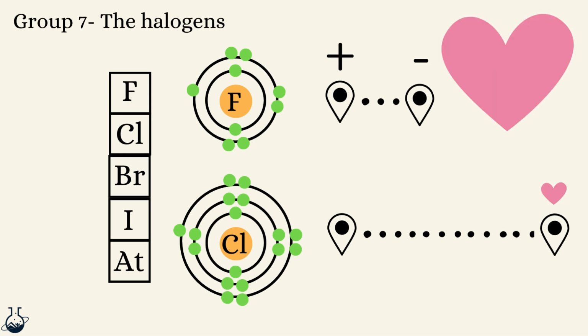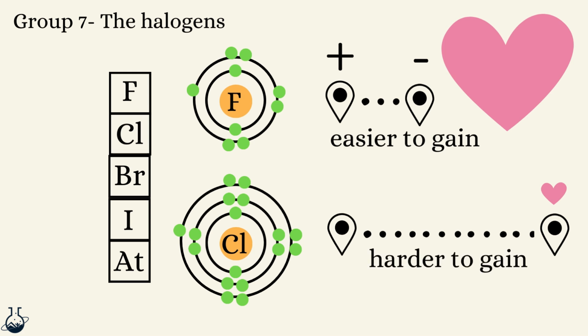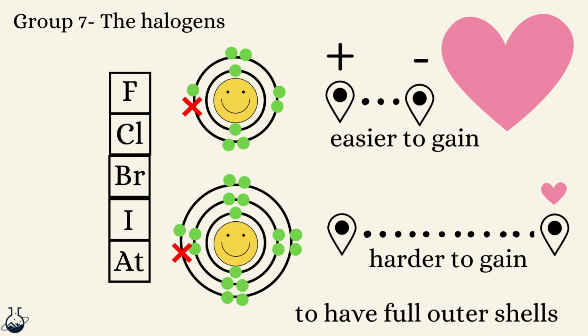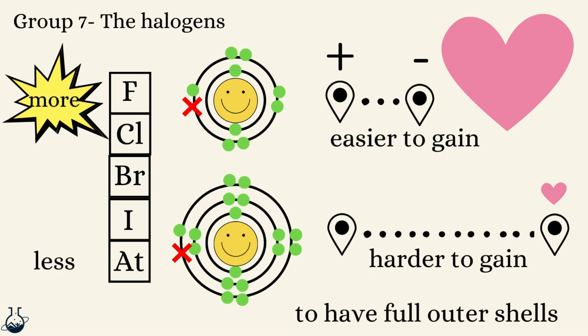So the electrostatic attraction weakens, meaning those at the top of the group find it easier to gain electrons because of the strong attraction. And those at the bottom with weaker attraction find it harder to gain electrons to have full outer shells. So they are more reactive at the top, less reactive at the bottom.